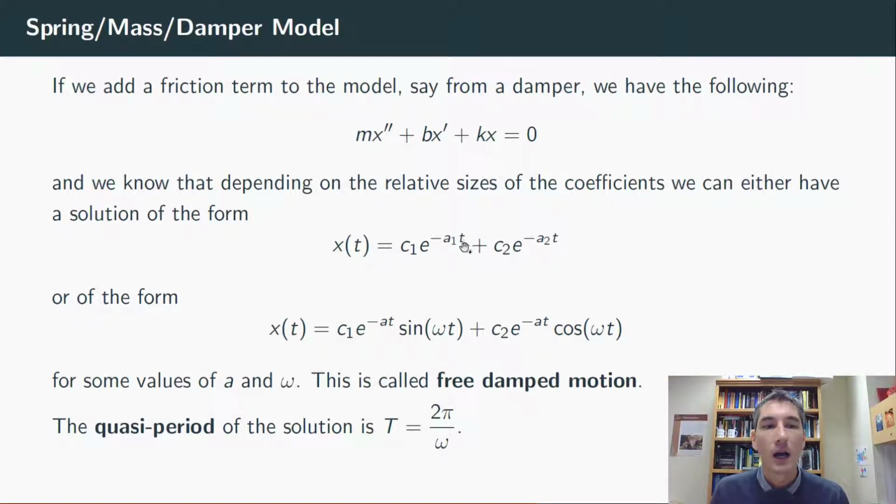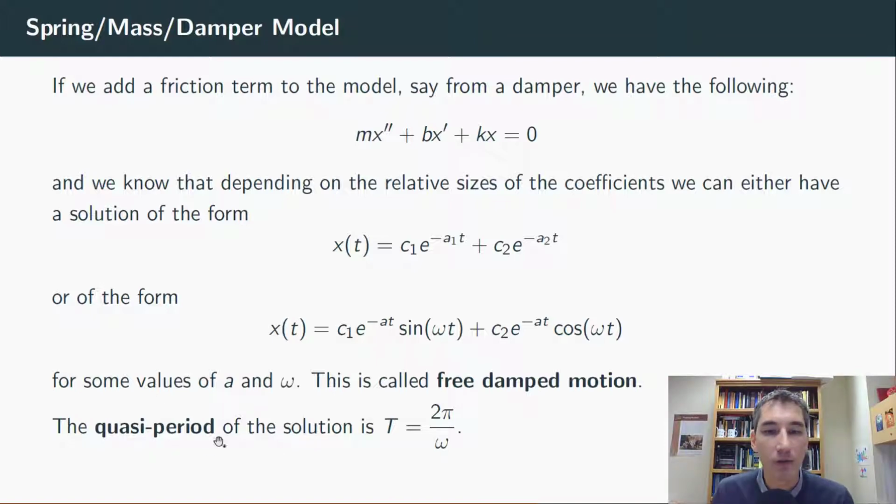If you have complex roots, then you end up with these decaying oscillating terms, e to the negative at sine omega t, e to the negative at cosine omega t, and the a and the omega depend on the coefficients m, b, and k, and it comes from the quadratic formula, essentially. We're calling this free damped motion, right? So free in the sense that there's no forcing term, but damped now that we have the friction term.